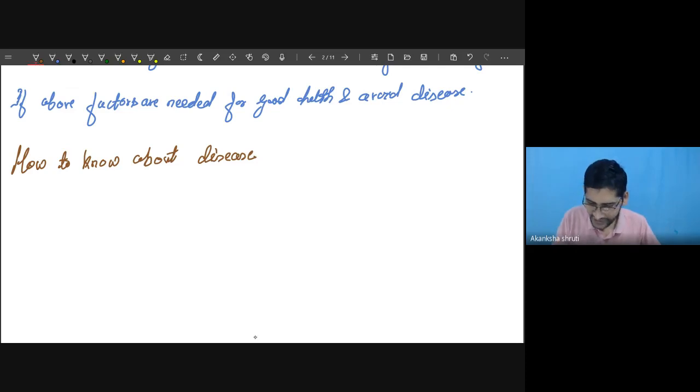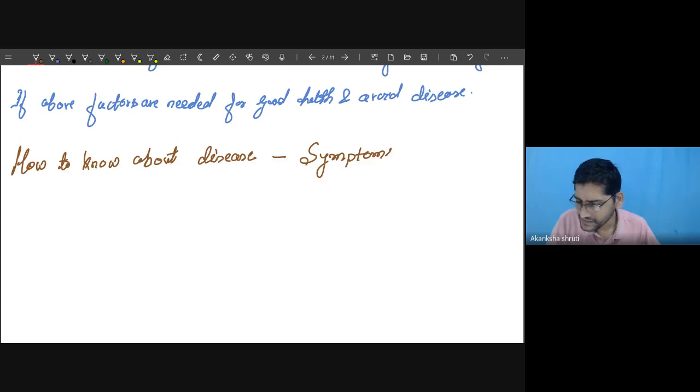To know about the disease, this is called your symptom. Symptoms simply means the characteristics that tell that the health of the individual is disturbed, means he might be suffering from some disease. Different diseases have different characteristics, means different symptoms.